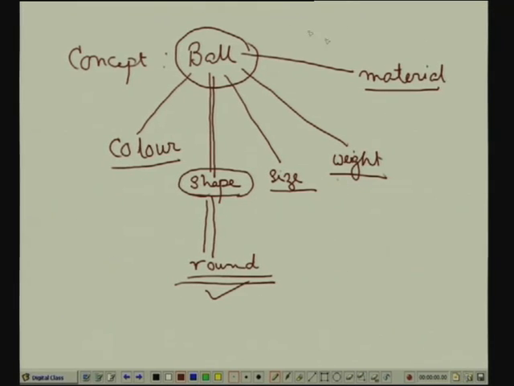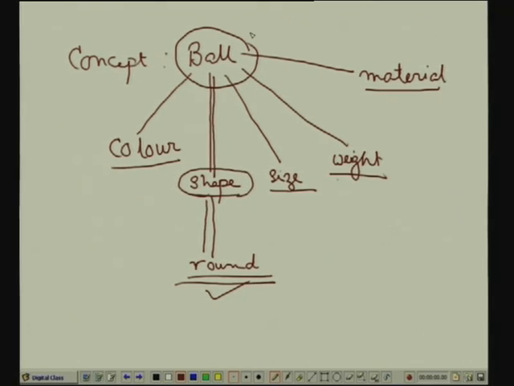Another thing to note is that I am not talking of a particular ball. This is the concept ball. I can have 10 different balls, maybe 5 footballs, 2 cricket balls, etc. But those are different instances of the same concept.